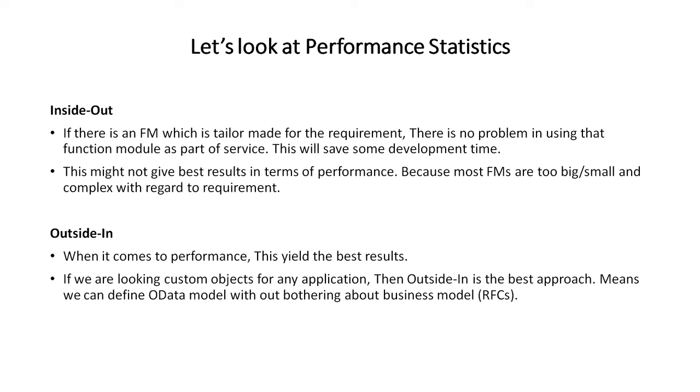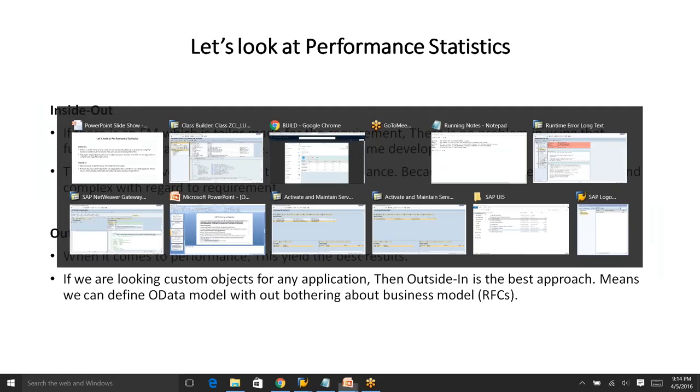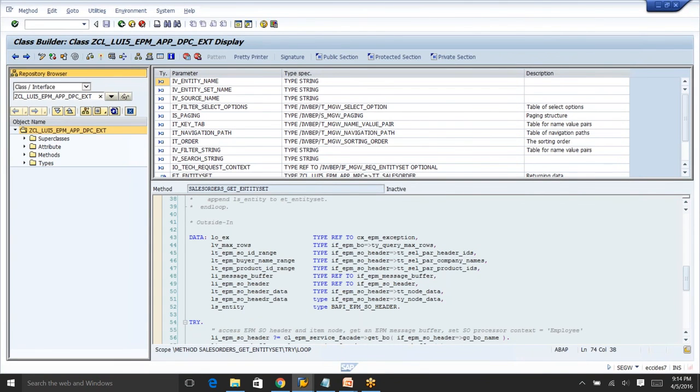Whenever you are writing these web applications which will run on mobile, tablet, and desktop, you have to take a lot of care into how fast you can serve the user request. Inside, it is all ABAP code, whether you are writing a function module, a class method, or the OData data provider class extension methods. But how fast you serve the request coming from the user is your top priority.